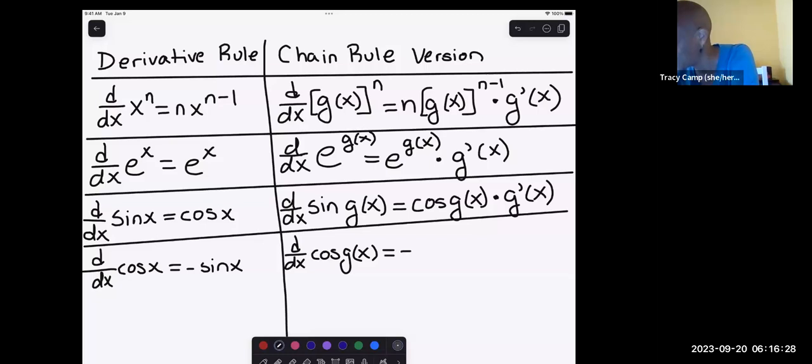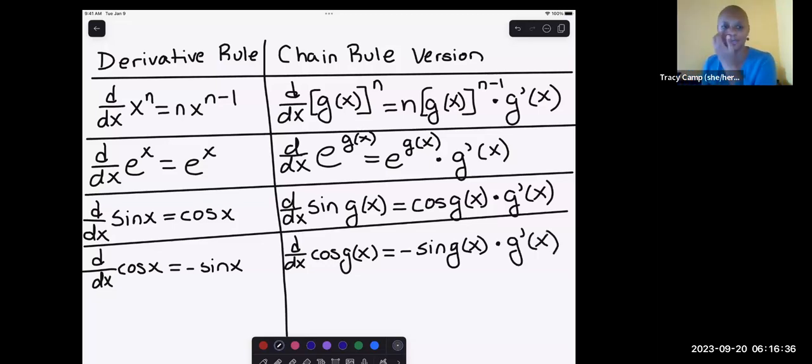And then when we add the chain rule to it, that means we're always including this times g prime of x. So notice I'm just using my regular rule, but I'm also always multiplying by g prime of x.